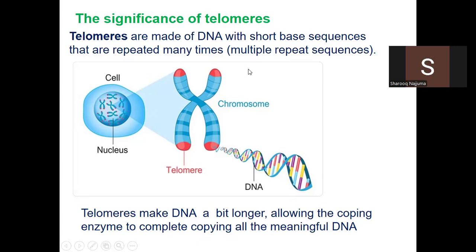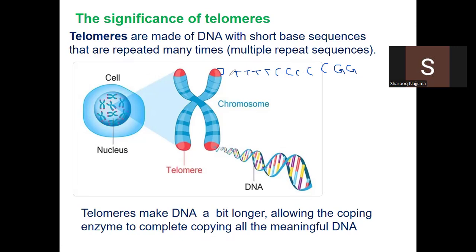It means that you could find that this region has nucleotides that are just repeated, maybe T, T, T, T, then C, C, C, C, C, then G. That is all it is made up of. These nucleotides, or the nucleotide sequence, do not code for any proteins, but they are really very important, as we are going to see. So telomeres are made up of DNA with short base sequences that are repeated many times.